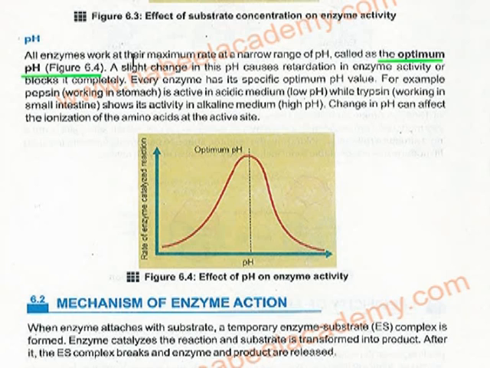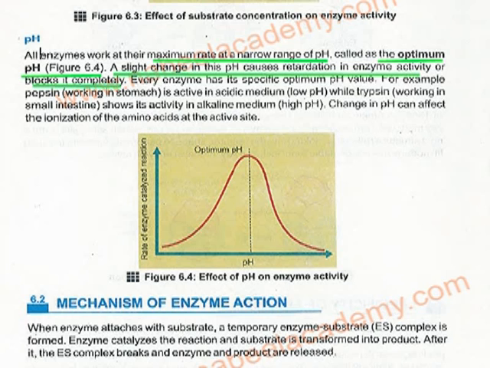This is an acidic range but a very narrow range. So they have their narrow range of pH, and they work maximum in this narrow range. I gave you 5.5 to 6.5. We call that range the optimum pH. A slight change in the pH causes retardation in the enzyme activity, and it may block it completely.